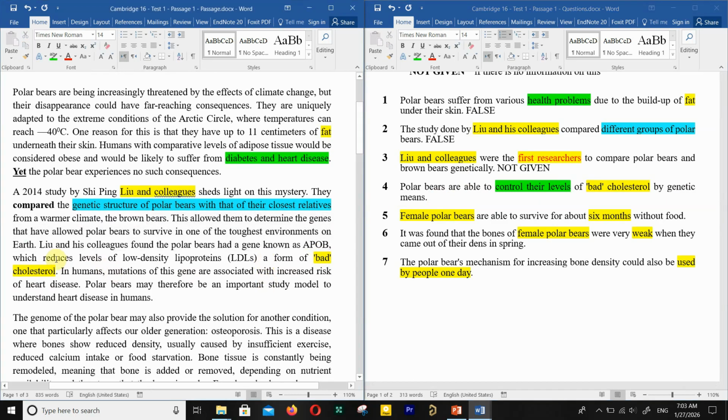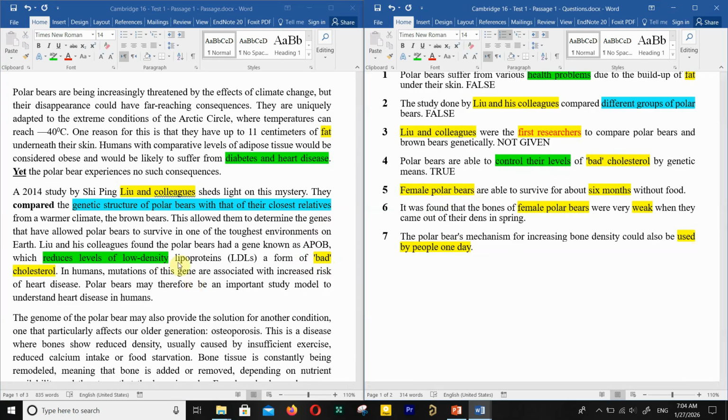And here it says which reduces levels of low density lipoproteins, a form of bad cholesterol. So reduces levels of low density lipoproteins means control their levels of what? Of bad cholesterol. So it's exactly the same sentence. So the answer for this question is true.